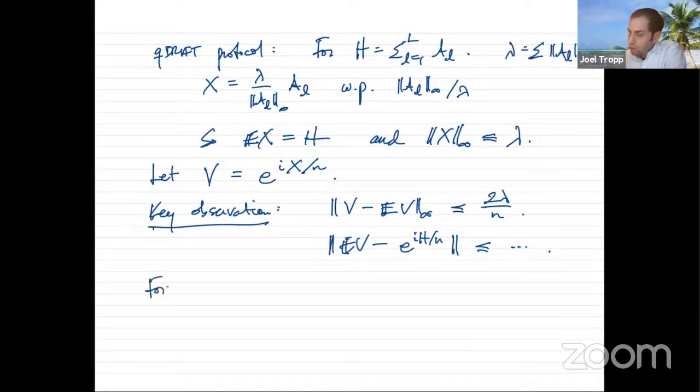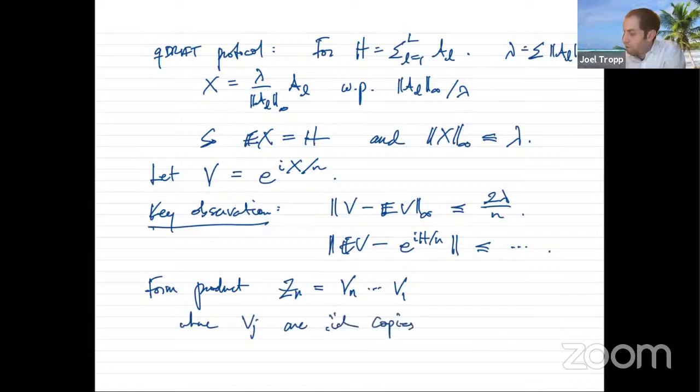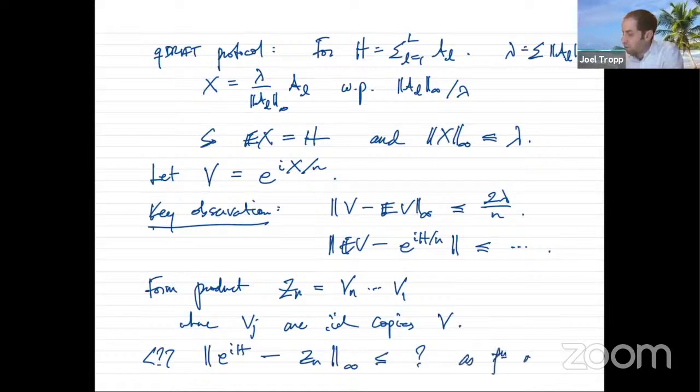And so we form the product Z_n, which is V_n down to V_1, where the V_j are IID copies of this individual factor, V. And then the question is, how well does this product approximate the unitary matrix e to the iH, the evolution described by this Hamiltonian, as a function of n?